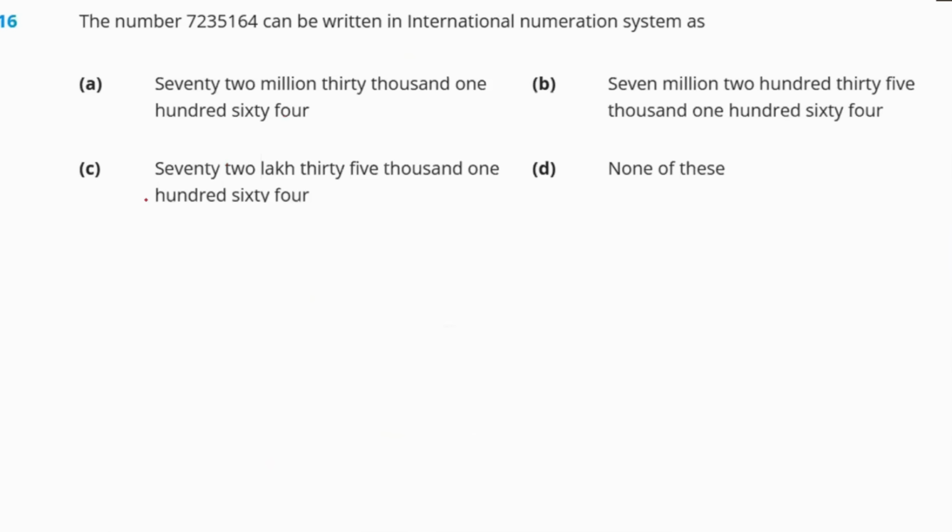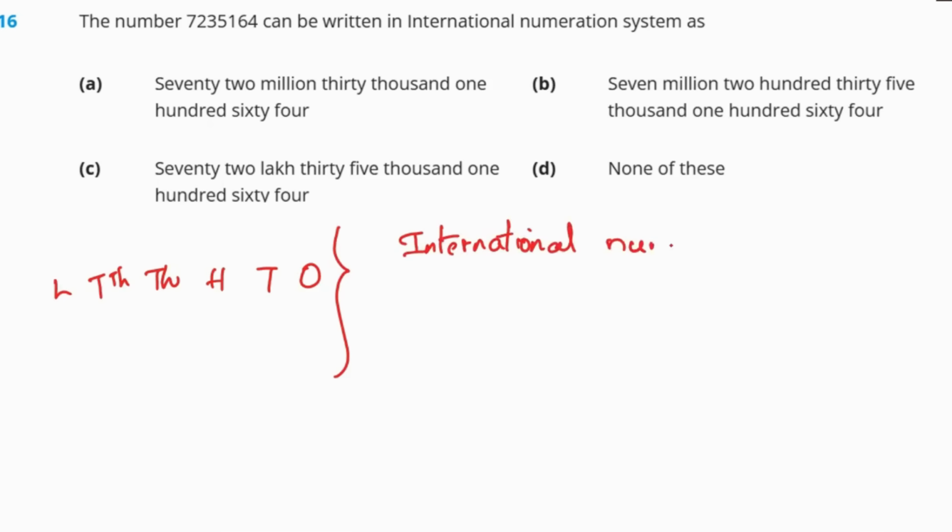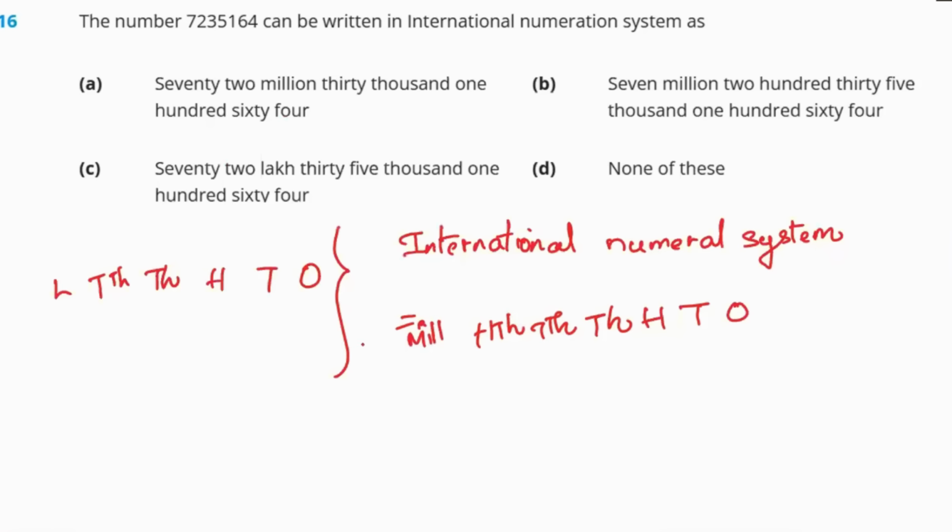In the international numeral system, we write ones, tens, hundreds, thousands, 10,000s, then 100,000s, then million, 10 million. Like this it will go.